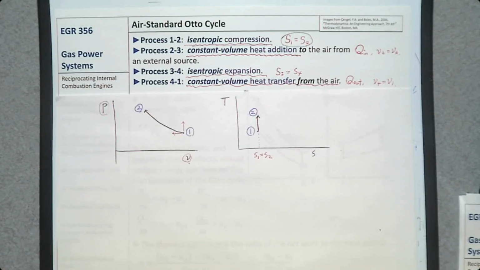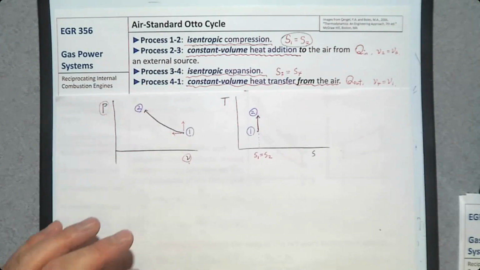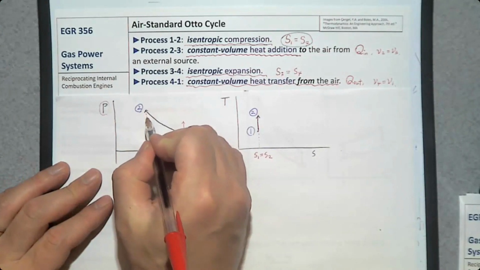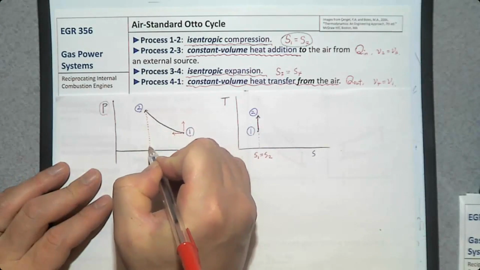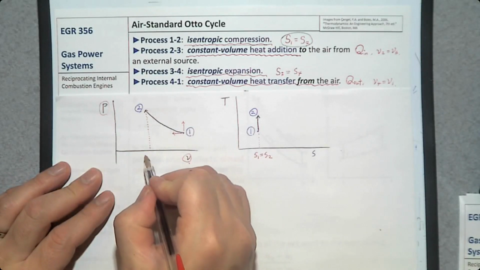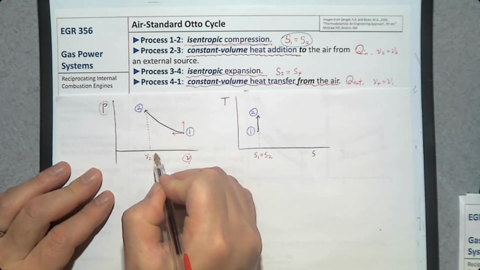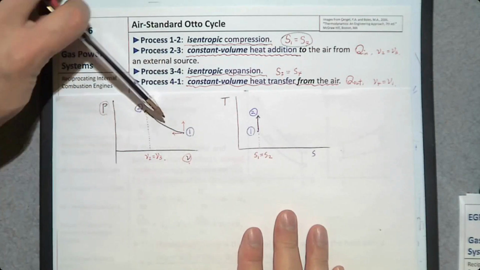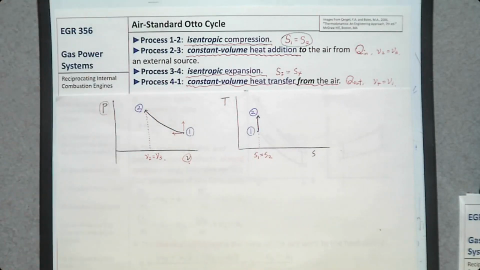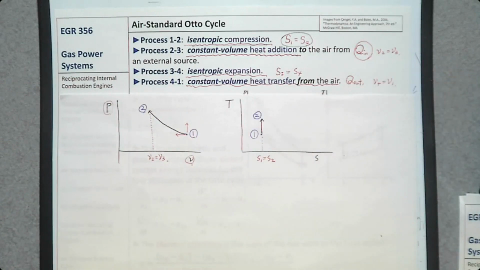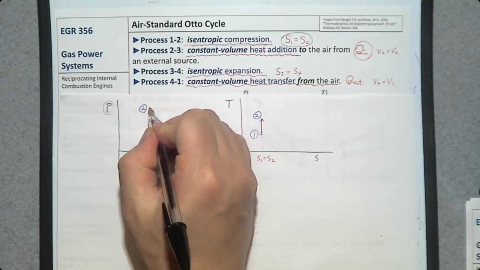And the next process is constant volume heat addition. So heat is going to be added when volume remains constant. Volume is the horizontal axis of this PV diagram, so V2 should be the same as V3. And it's going to be either going upward or downward. However, heat is added, therefore pressure should go up. So this way.